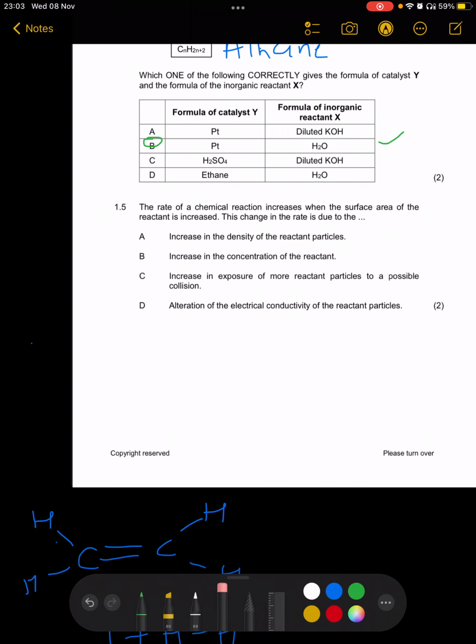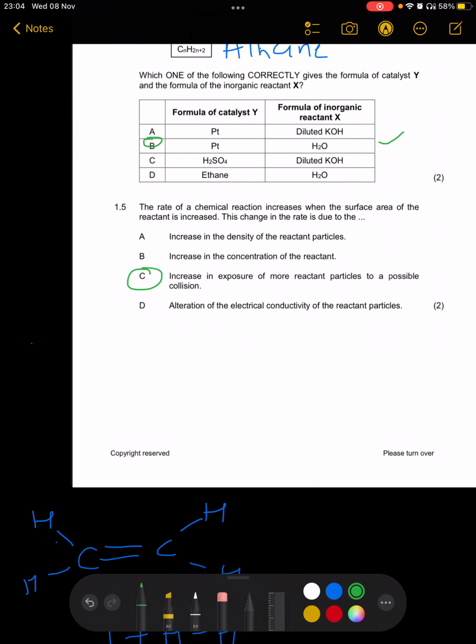Well, that is one of the things that increases the chemical reaction's rate. Then the alteration of electrical conductivity of the reactant particles. We don't know whether these particles have electrical conductivity. So the most correct answer here would be C. Now why C? The simple example of taking a Panado tablet and a Grandpa powder.